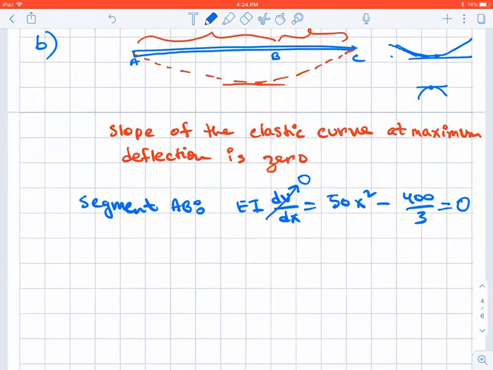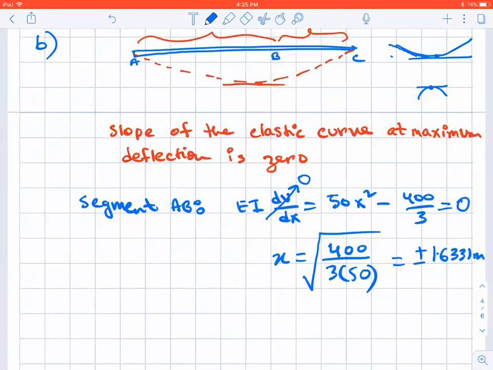If you solve for x, x is equal to the square root of 400 divided by 150, and my answer would be plus or minus 1.6331 meters. Obviously, length cannot be negative, so you have to take the positive number. So it's 1.6331 meters.